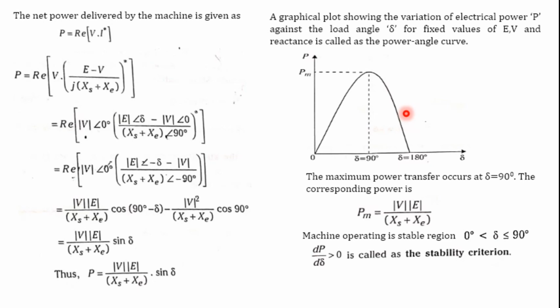The machine operation is stable in the region between 0 to 90 degrees. Generally it is less than 90 degrees.